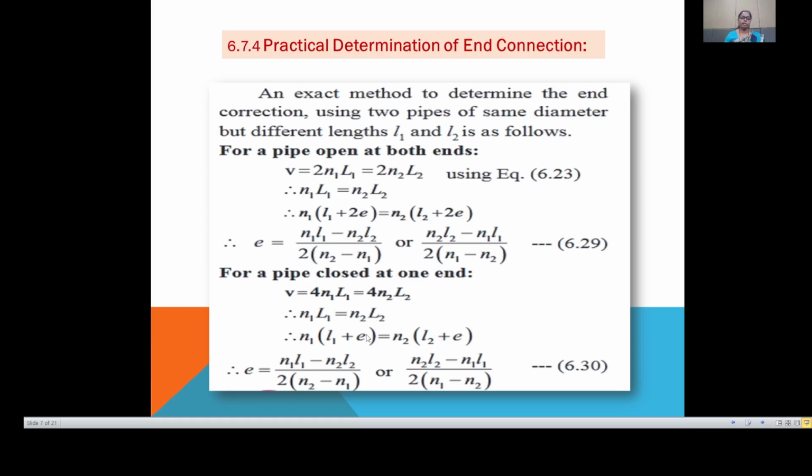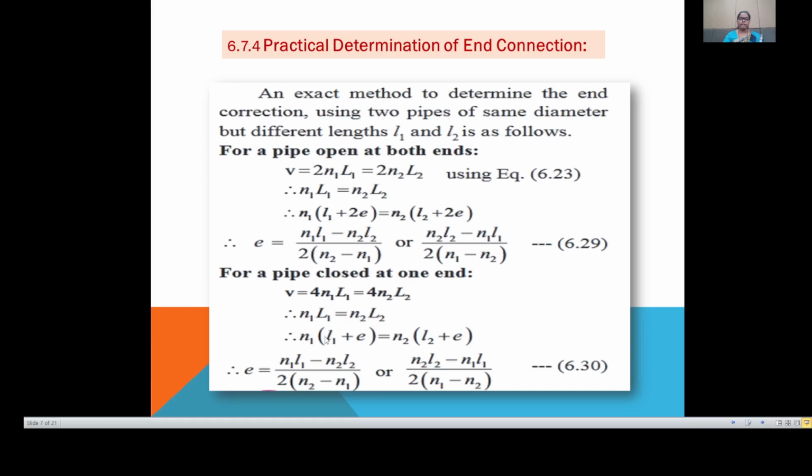In the second case, for a pipe closed at one end, V is equal to 4N1L1, which is equal to 4N2L2. Therefore, N1L1 is equal to N2L2.